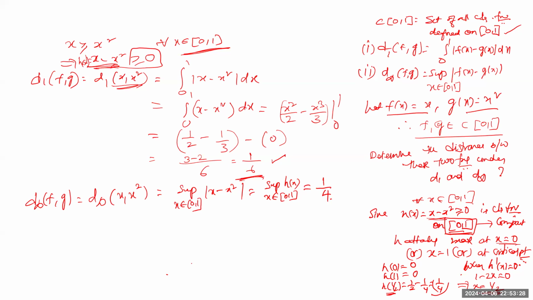Now, there is one problem, the last one, in the examples of the metric space, right? So, what is here?